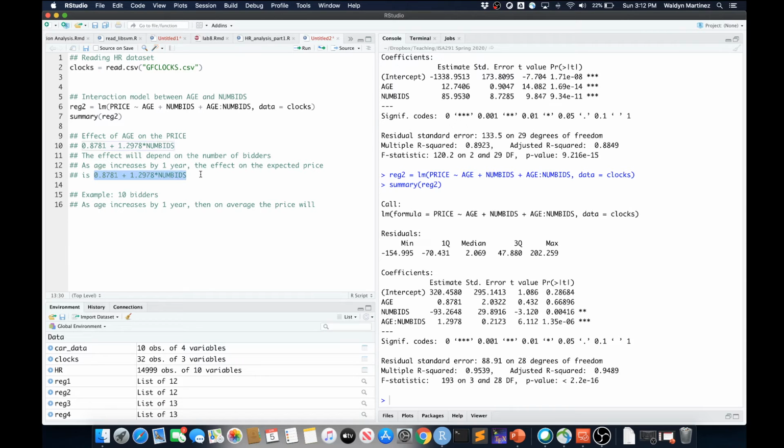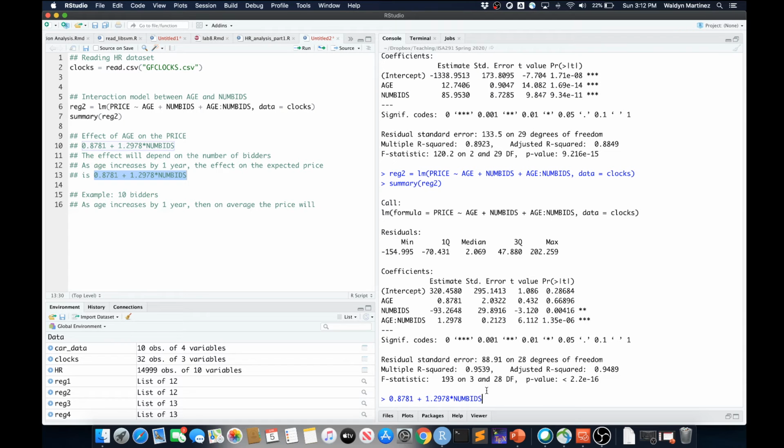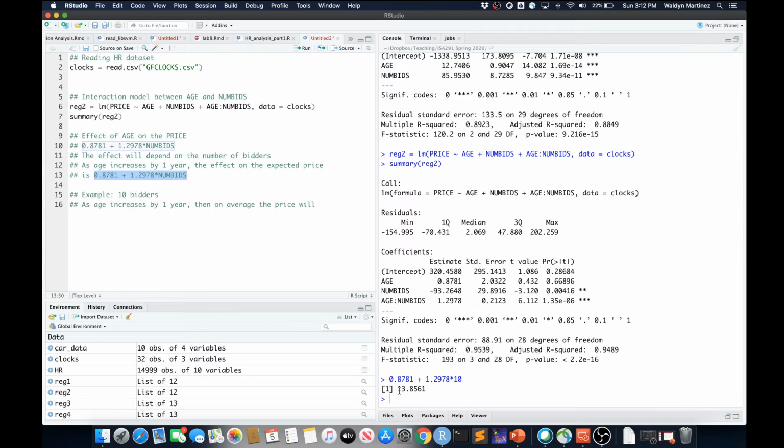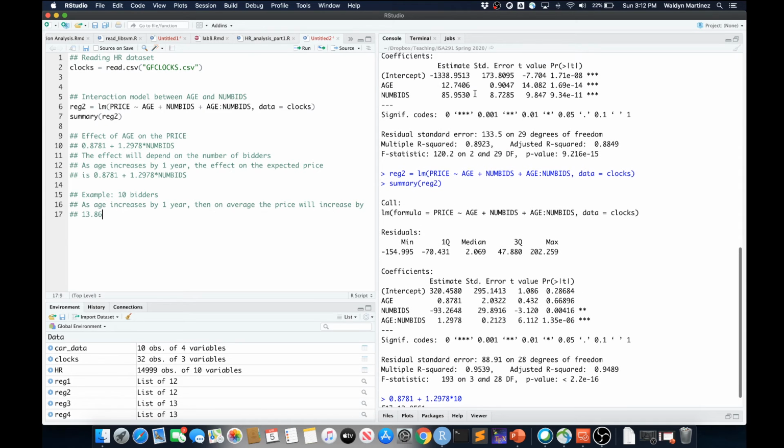Because these two numbers are positive, we just get that and multiply. It will change by about $13, so let's say it will increase by about 13.86, which is pretty close to the slope that it originally had.